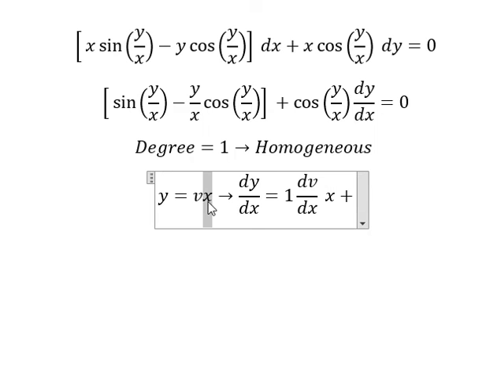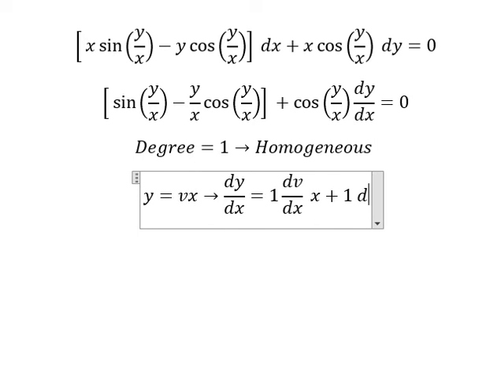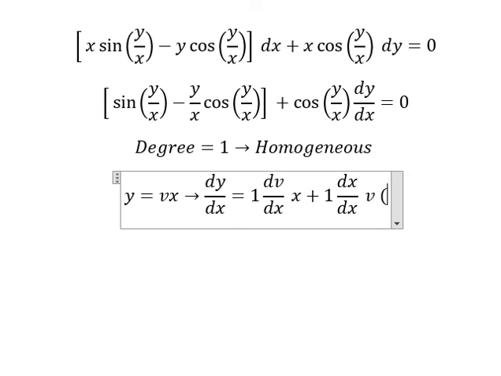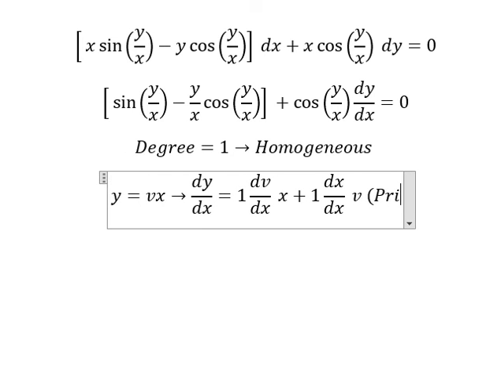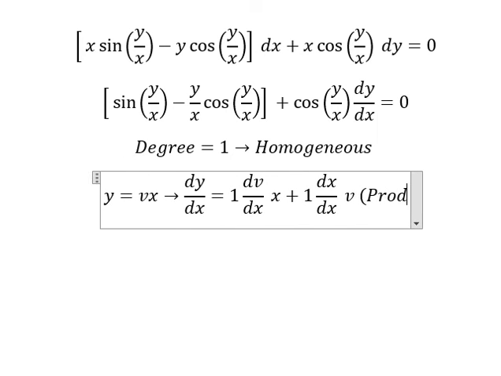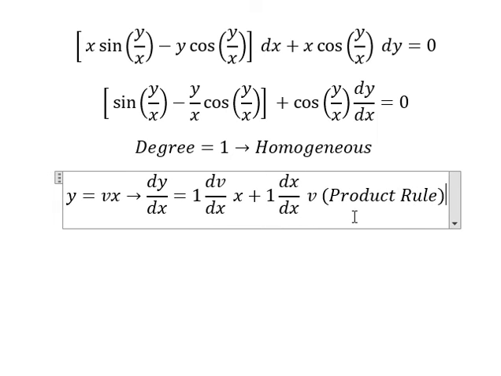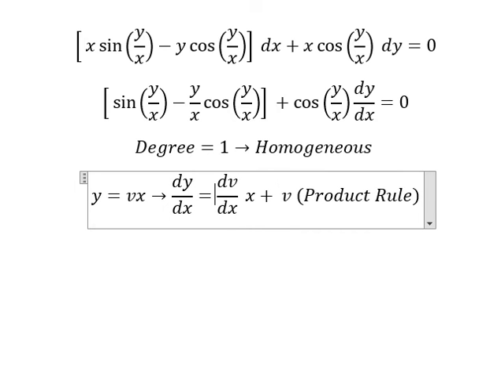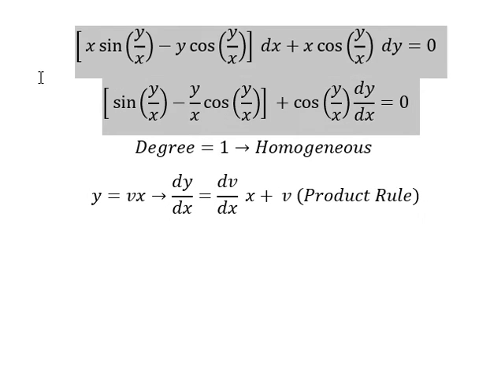This one we have 1 dx over dx multiplied by v, and that is about the product rule of the derivative. And this one we can simplify, and you get 1. This one we have 1, we can simplify it.